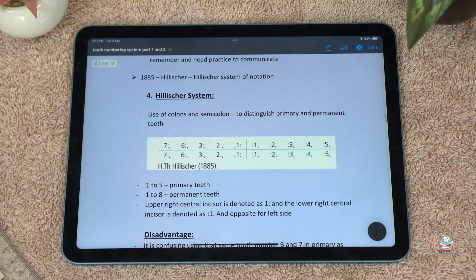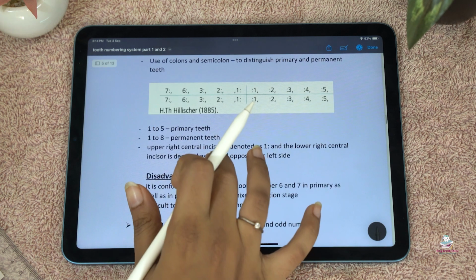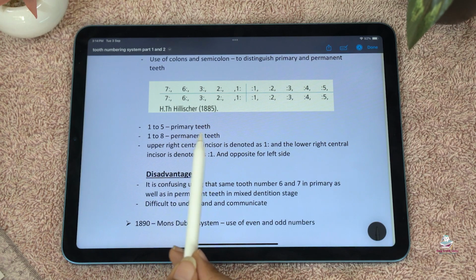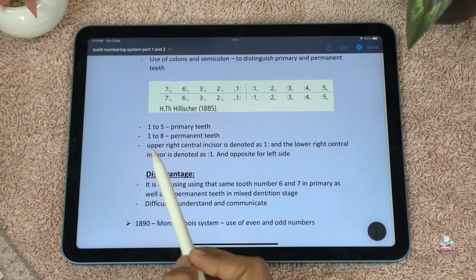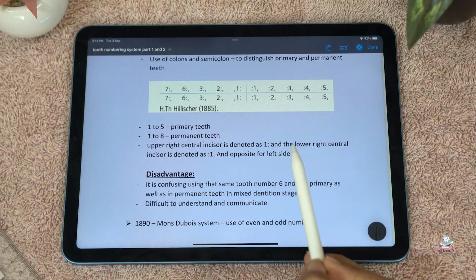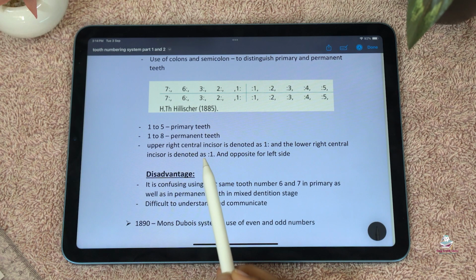Then in 1885, Hillister gave the system, which is the Hillister system of notation. They used colons and semicolons to distinguish the primary and the permanent teeth. So 1 to 5 is for the primary teeth and 1 to 8 for the permanent teeth. For example, the upper right central incisor is denoted as a 1 with the colon on the right side, and the lower right central incisor is denoted as a 1 with the colon on the left side, and the same, opposite, for the left side.